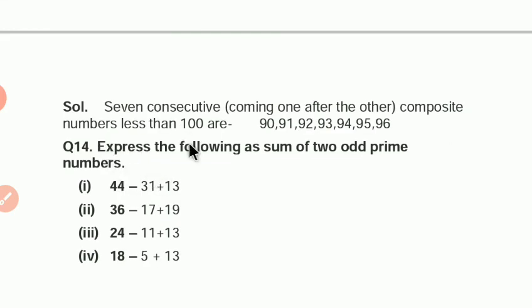Then the last question of our exercise, question number 14. Express the following as sum of two odd prime numbers. 44. We have to express 44 as a sum. Sum means we take two numbers such that if we add them, the addition of two odd prime numbers should be 44. Both numbers should be prime and odd only.